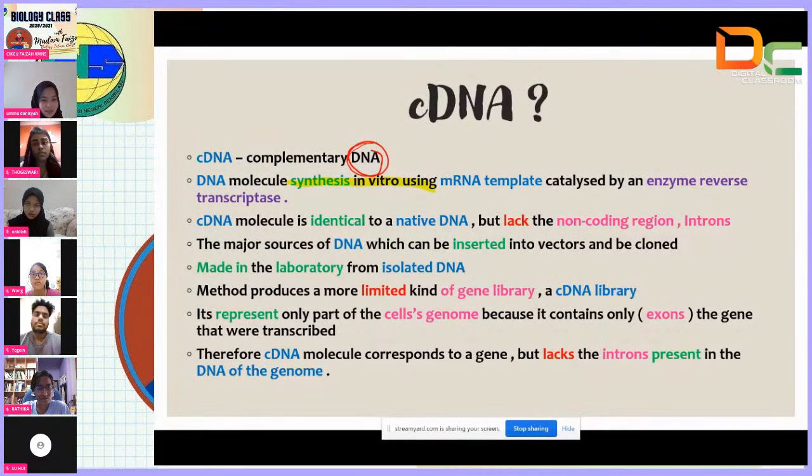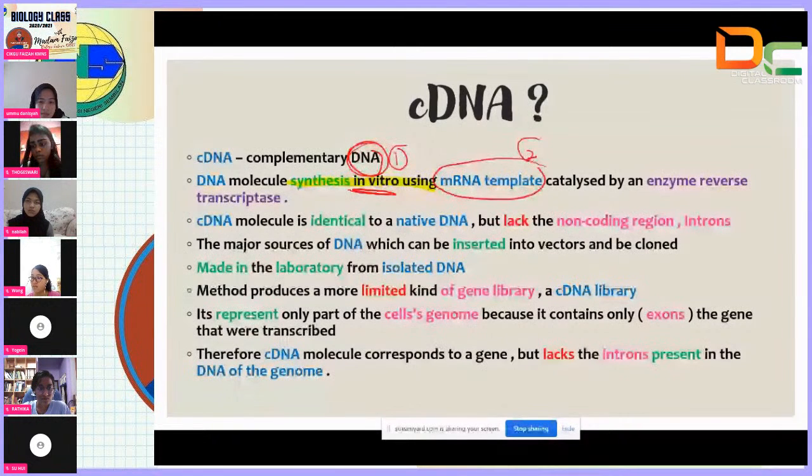Okay class, first of all, in vitro is important. Number 2 is mRNA template. Number 3 is enzyme reverse transcriptase. These are all important when we talk about cDNA, complementary DNA. Okay, continue.